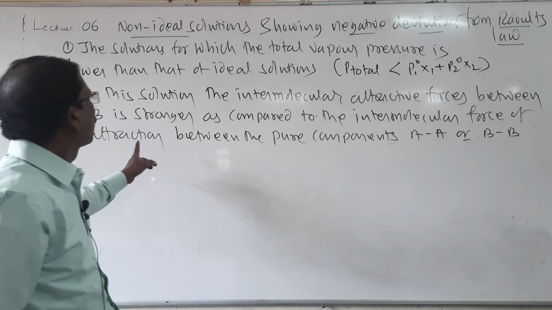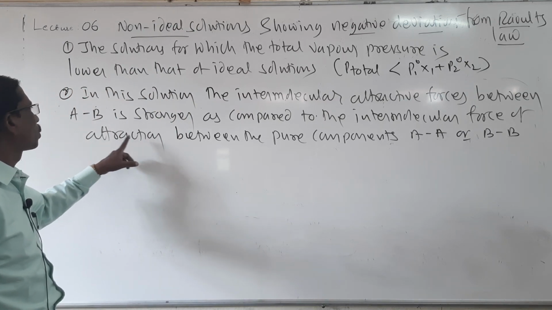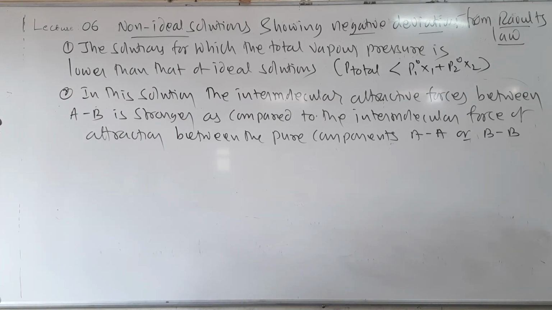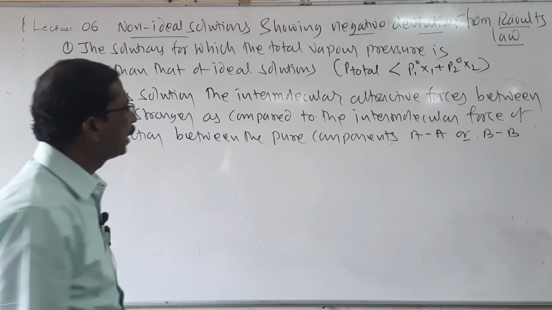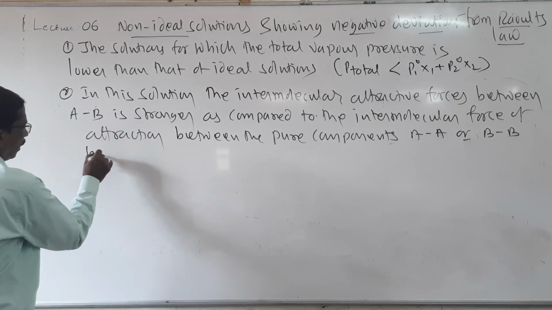So, in this solution, the intermolecular attractive force between AB is stronger as compared to the intermolecular force of attraction between the pure components AA and BB. So, hence the volume decreases.